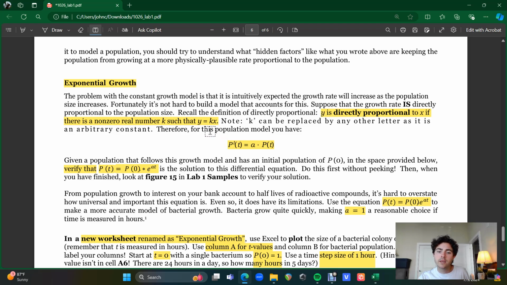So if you have a population model for which the growth rate is directly proportional to the population size, that means p prime, the rate of change, is equal to some constant a times the actual population. Then if you solve this differential equation, in other words solve for p, you end up getting the initial population, p of 0, times e to the at. If you've seen the equation PERT before, like A equals Pe to the rt, it's the same exact equation.